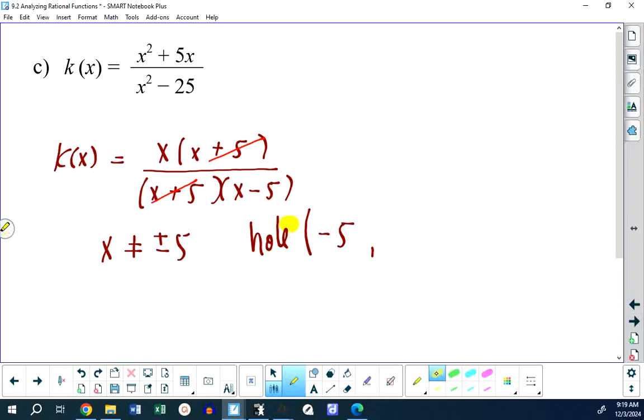The hole comes about because of that factor canceling, right? So you got to be careful here. There's a positive 5 and a negative 5. You want to really take care and think about it. What will the y coordinate be? Well, the y coordinate will be, so here's k of x.